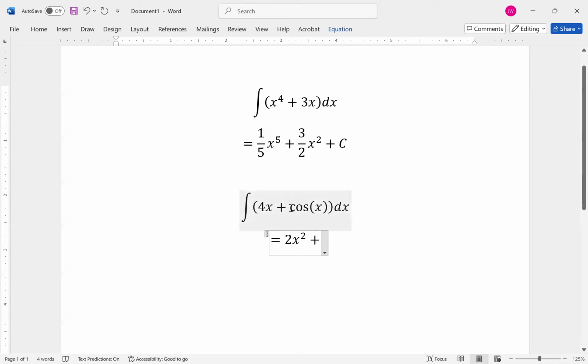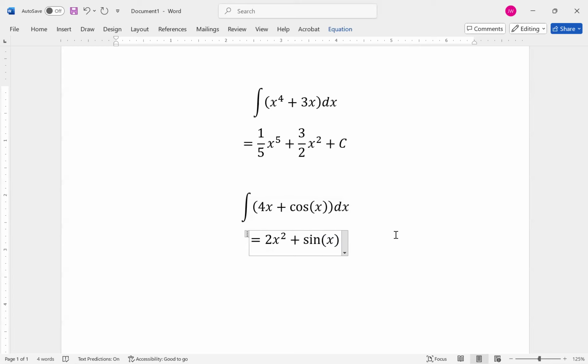Now with cosine of x, it turns out that the derivative of sine is cosine. Therefore, the antiderivative, or one antiderivative of cosine, is sine. So the derivative of sine of x with respect to x is going to be cosine of x.